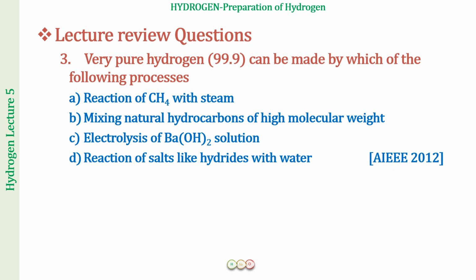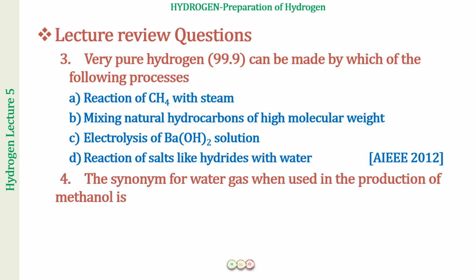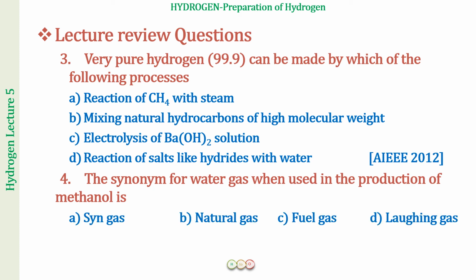So this is what JEE Mains was before JEE Mains came into being, the All India Engineering Entrance Examination for the year 2012. The next question is, the synonym for water gas when used in the production of methanol is syngas, natural gas, fuel gas and laughing gas, and this question was asked for JEE Mains January 2019.